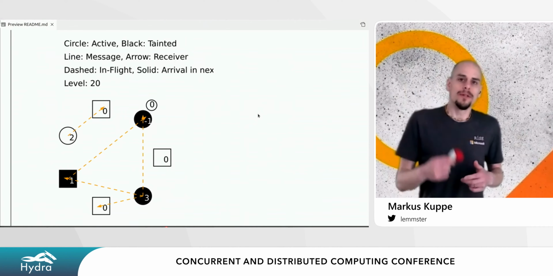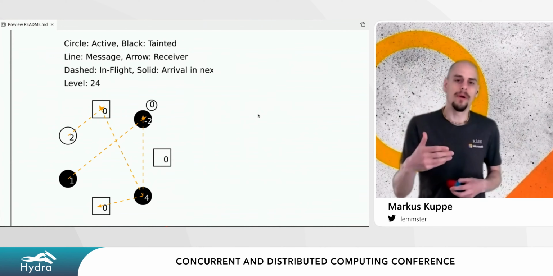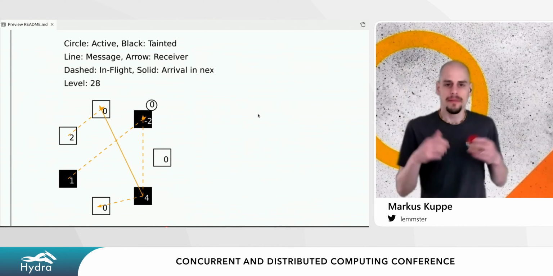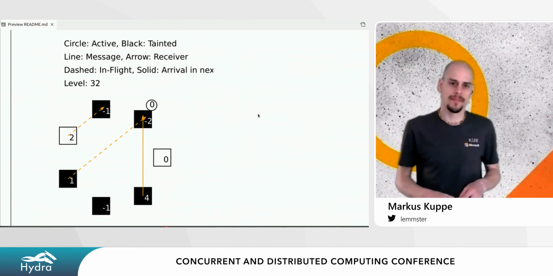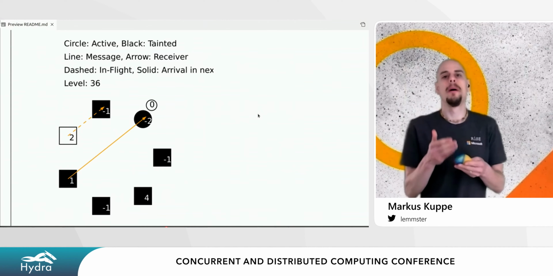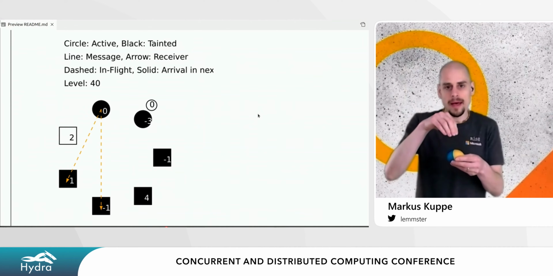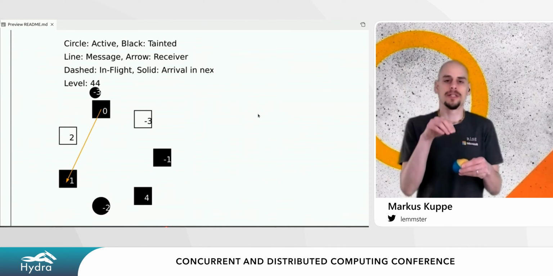We're still going to use our previous ideas of a token and coloring nodes black and white, but extend the overall thing with the idea of counting the in-flight messages. And then nodes not only taint the token, but they also add the number of their local in-flight messages to the token.